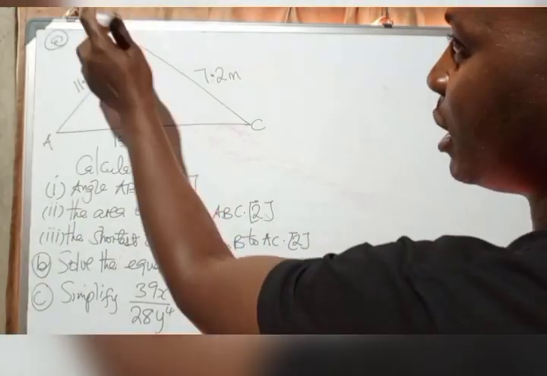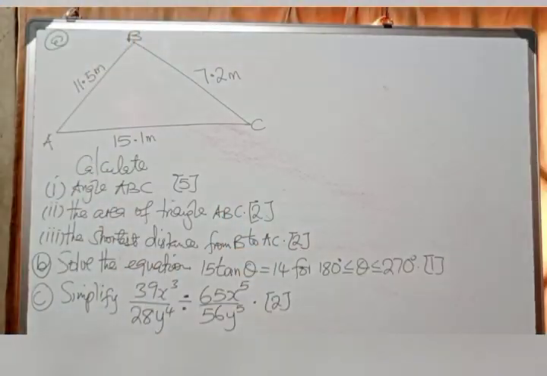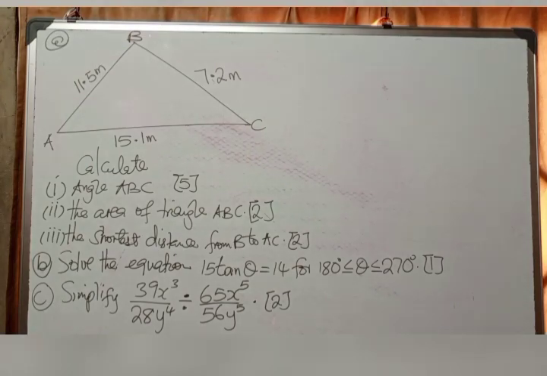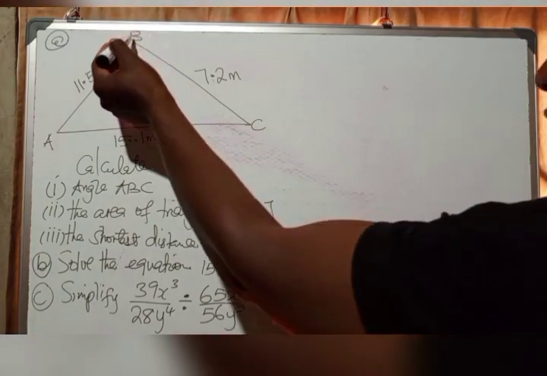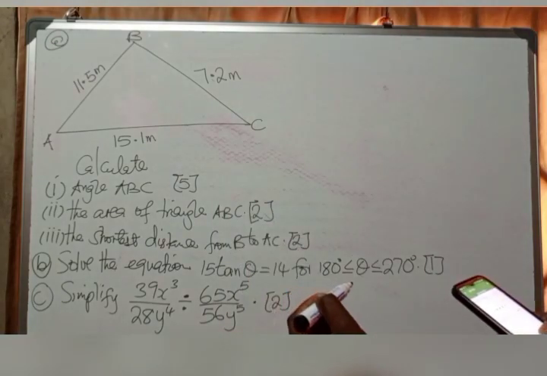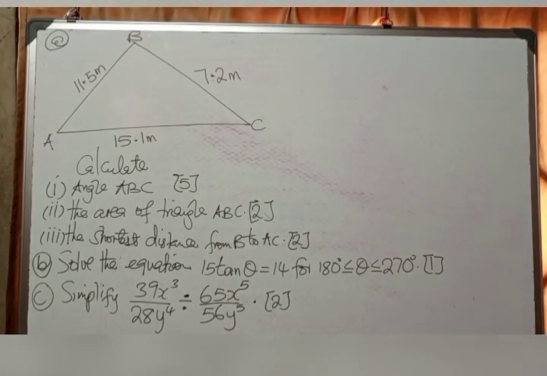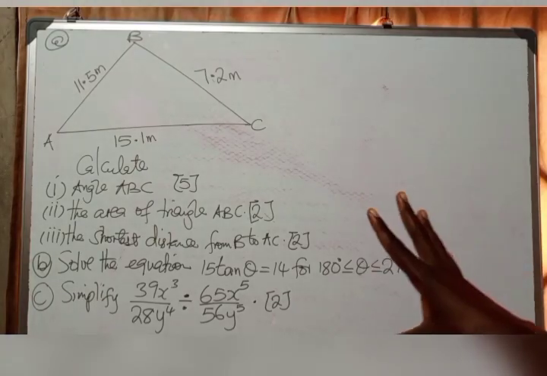So this is not D, but B. Then BC is 7.2 instead of 7.5. Then AC is equal to 15.1 as shown in the diagram. Now the question, number 1: calculate angle ABC, for 5 marks.